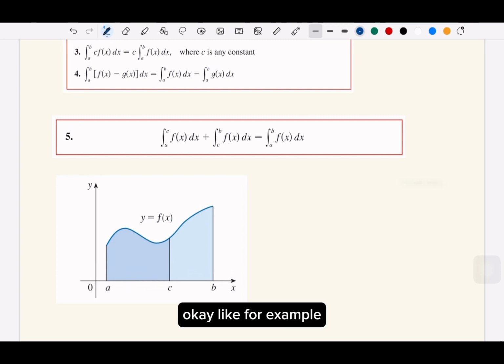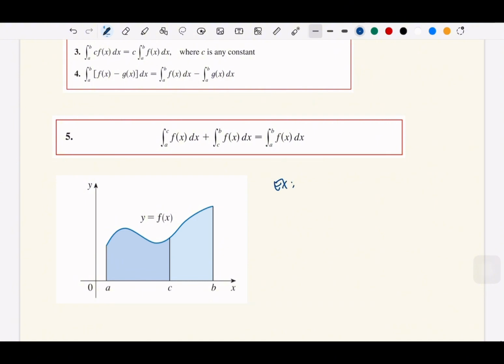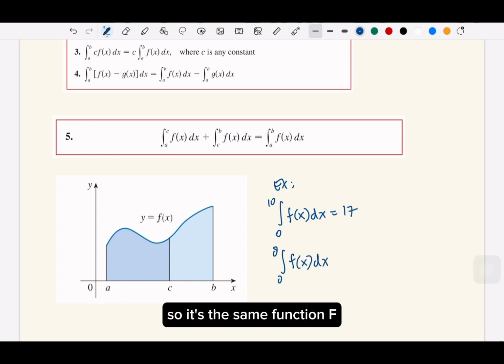Okay, for example, let me write here an example. So it's the same function f.